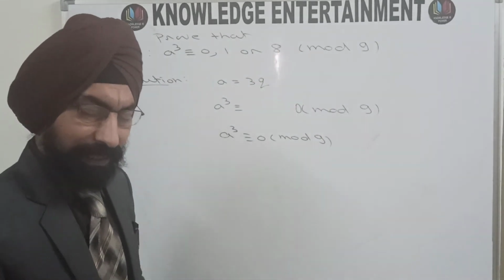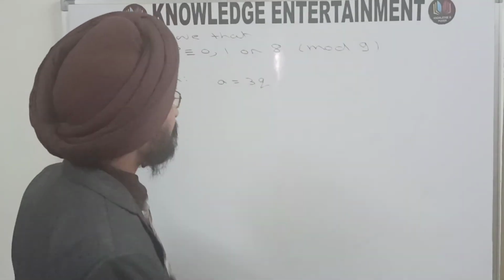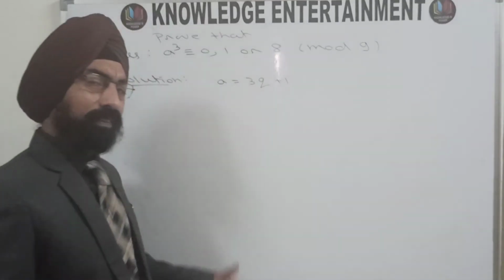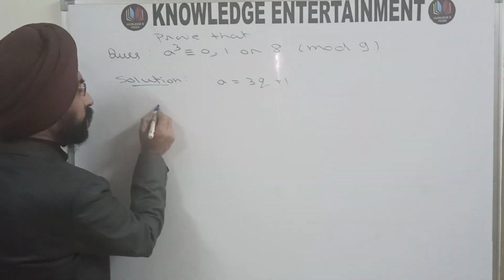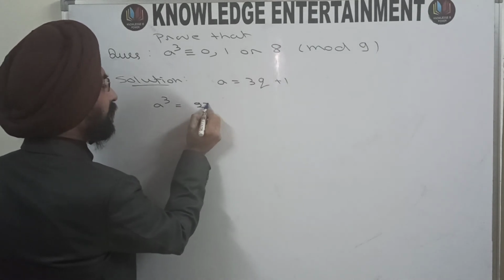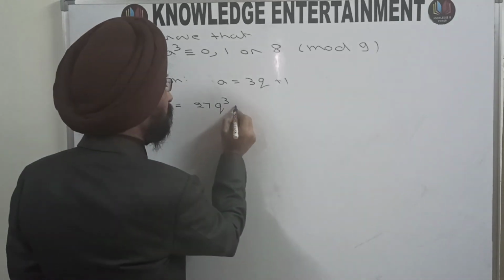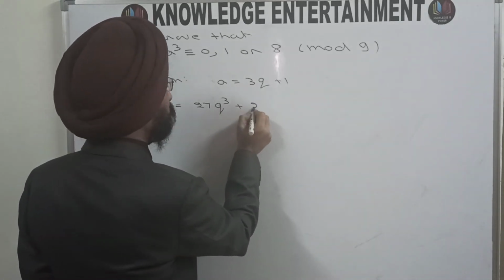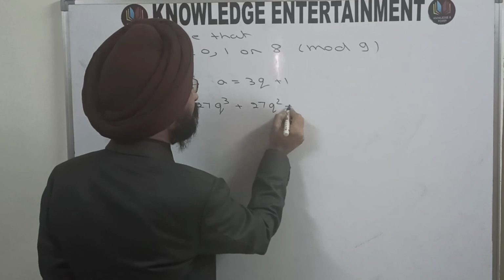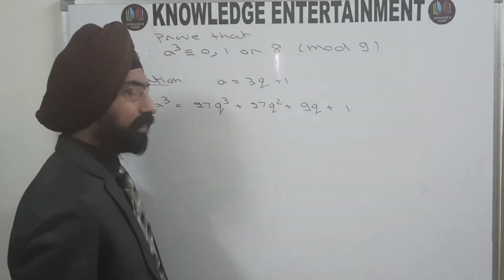Now look at the second case. If your a is of the type 3q plus 1, once again cubing both sides, you will get a cube is equal to 27q cube plus 27q square plus 9q plus 1.